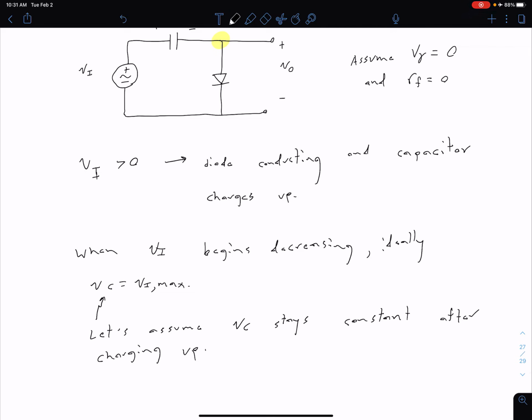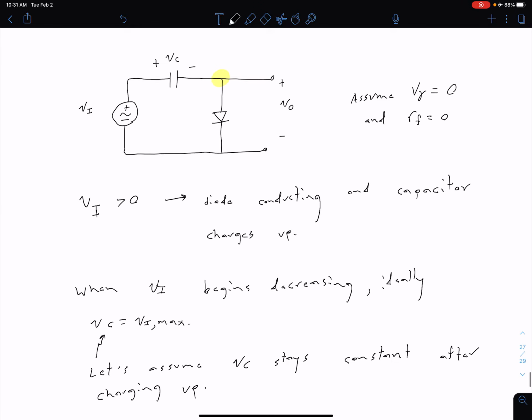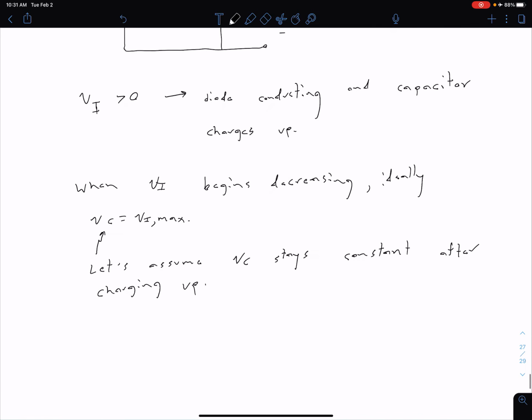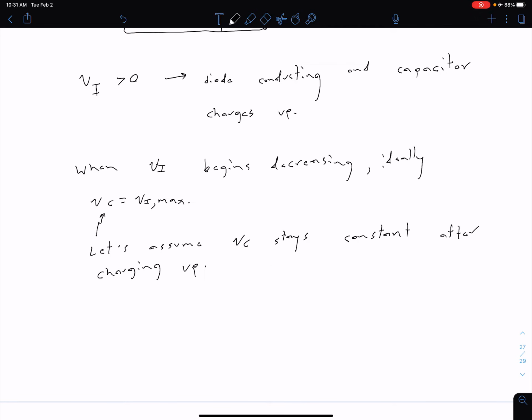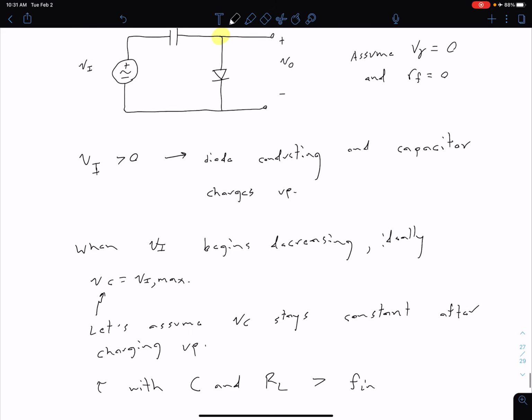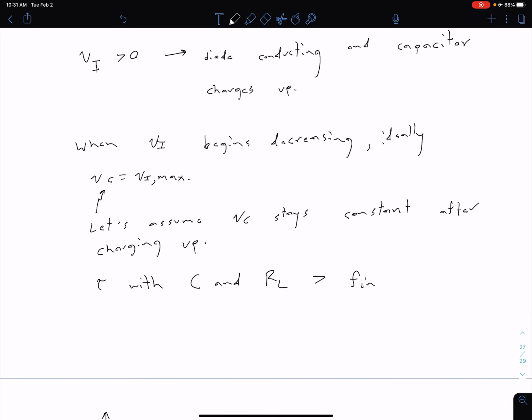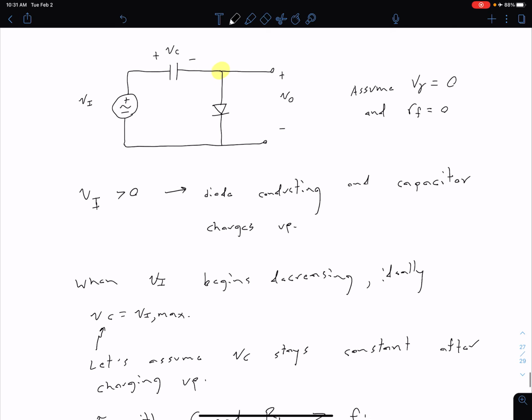Let's say we attach some load resistor where we have V out written above in the circuit here. If our time constant tau, with C and RL, is much greater than the period of our input on Vin, then assuming that our Vc is constant is a pretty good assumption. We're going to assume that's the case just to make things a little more simple, and we could refine that later if we needed to.